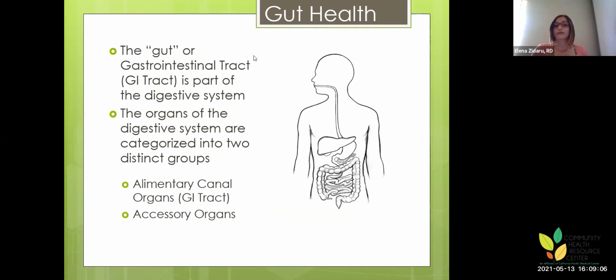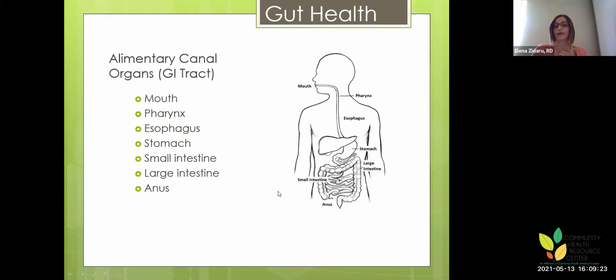we know that the GI tract, what we say gastrointestinal tract, has different organs. So we have the GI tract organs and the accessory organs, which are not part of where the food goes, but those can actually help support the digestion of food.